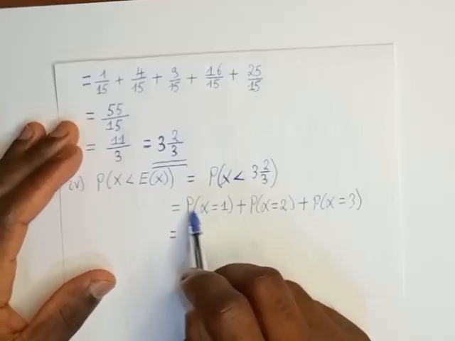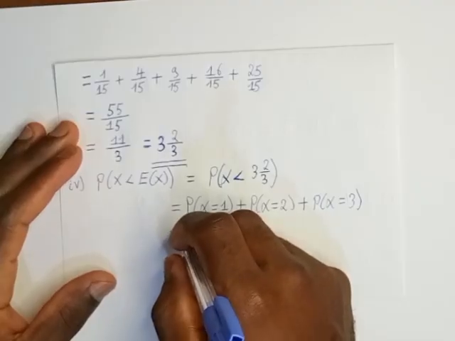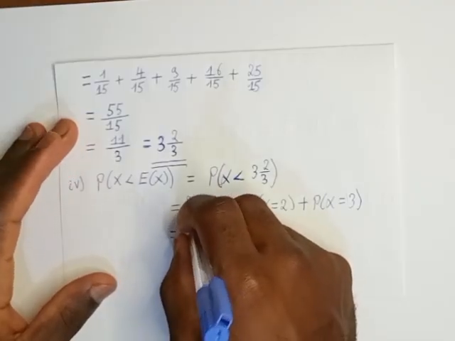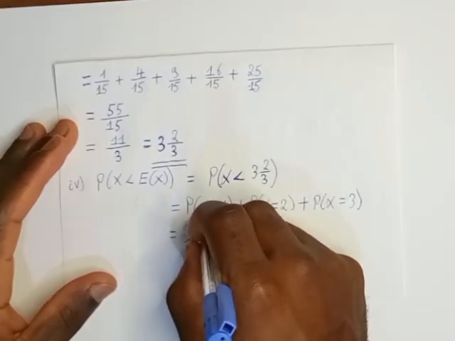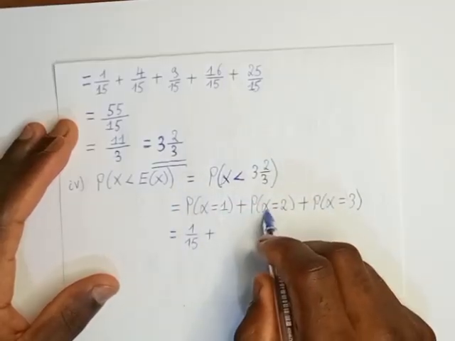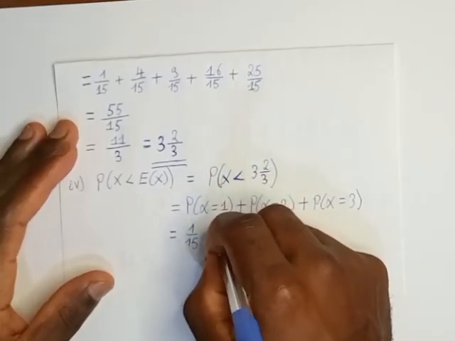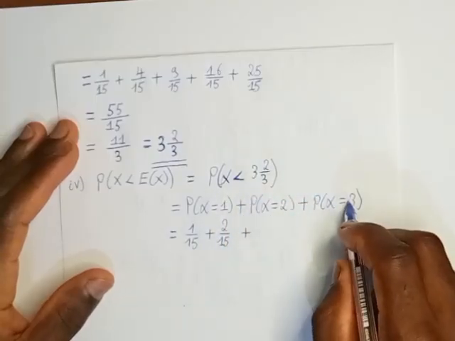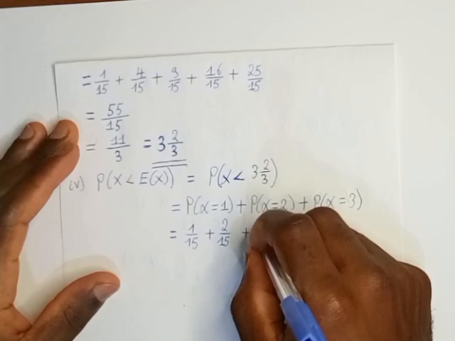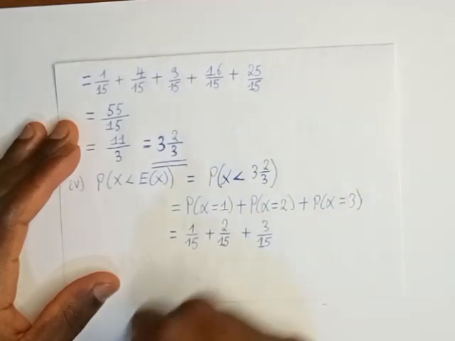For x equal to 1, the probability is 1 on 15, plus for x equal to 2, the probability is 2 on 15, plus for x equal to 3, the probability is 3 on 15.